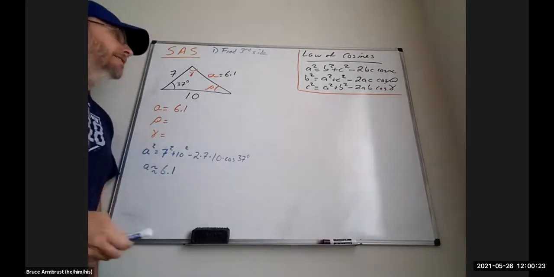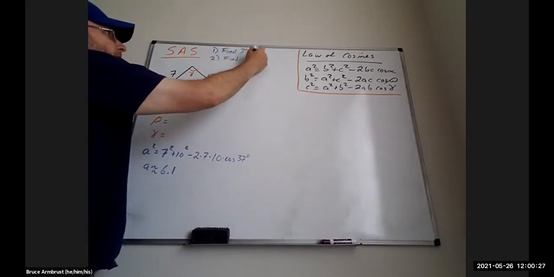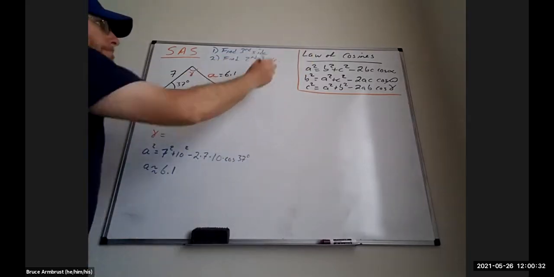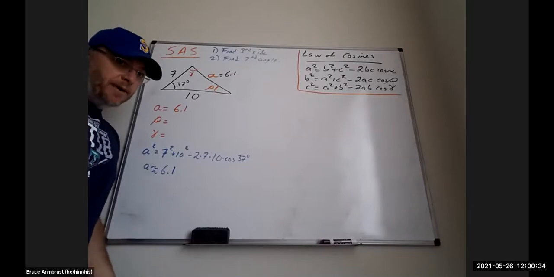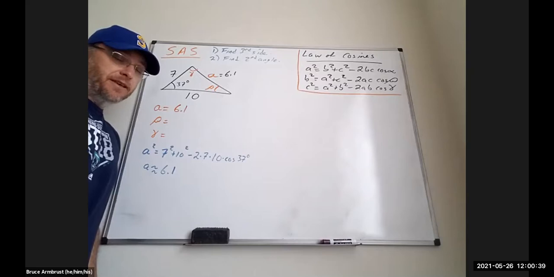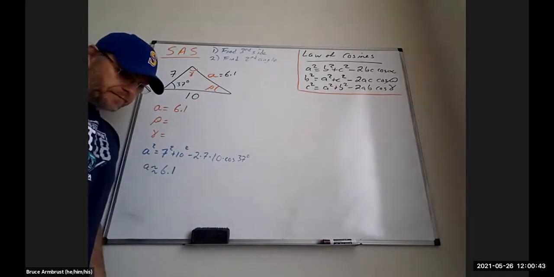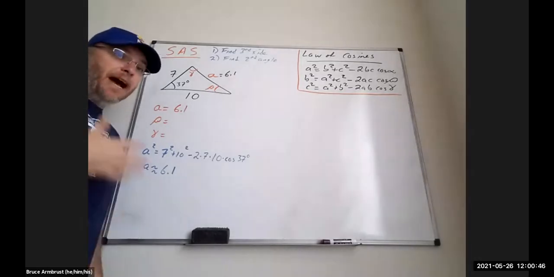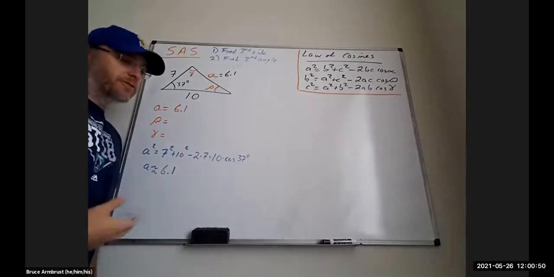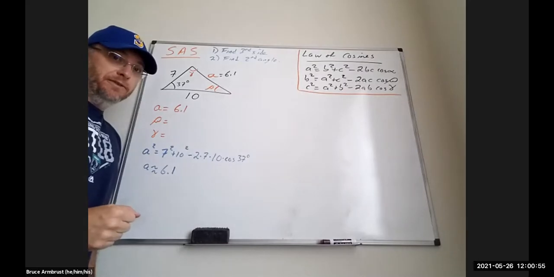All right, but the second step here is going to be find a second angle. And you have some options. Not only do you have options of whether to use law of sines or law of cosines, but you also have options of which of the angles you want to find. Now I have a recommendation for you. I have a suggestion on which angle you should find and which method you should use.